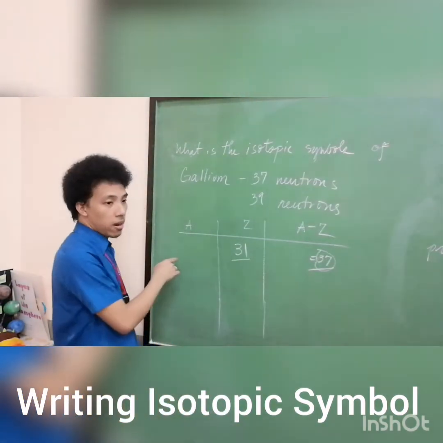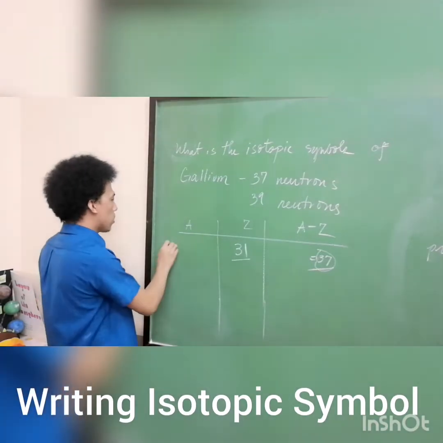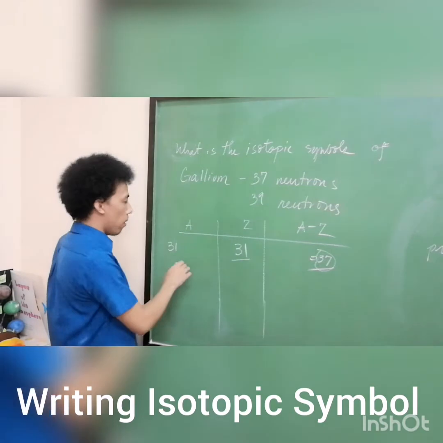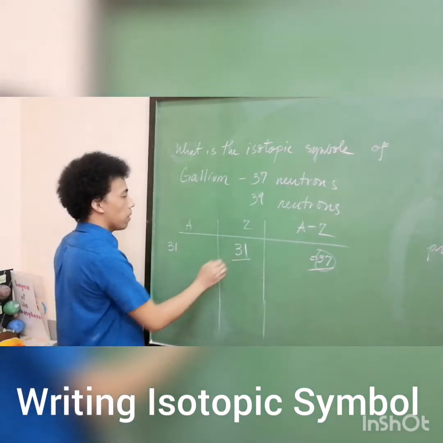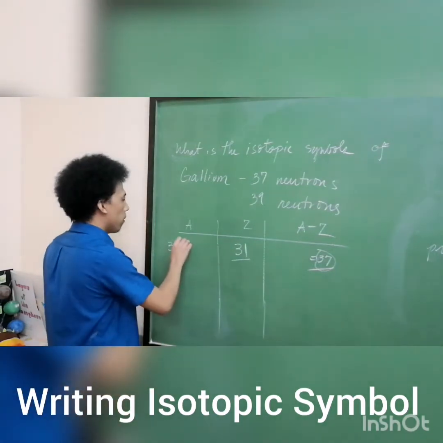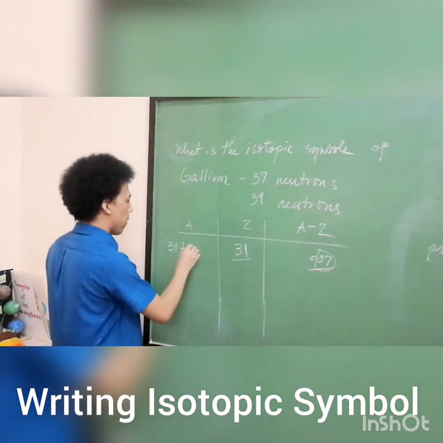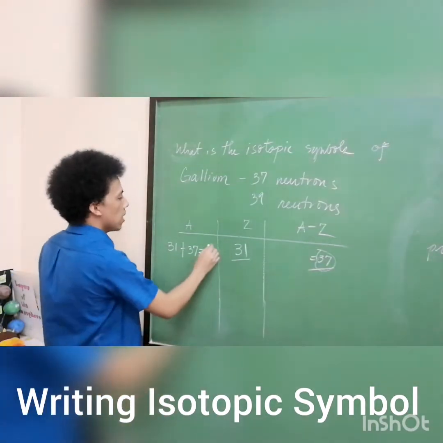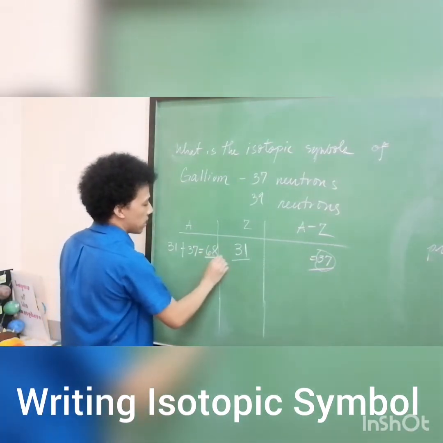Let's rewrite it in letter A: 31, which corresponds to the number of protons, because the number of protons equals the number of electrons, added with 37. Then 31 plus 37 gives the answer of 68.